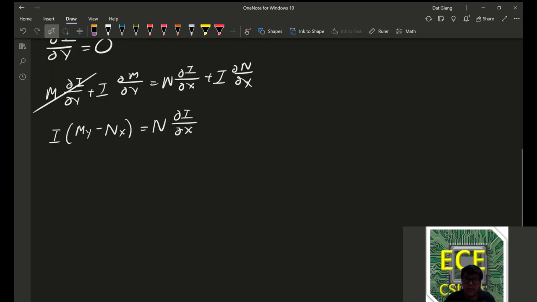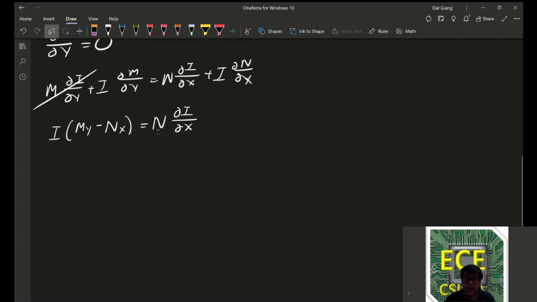Because all this is assumedly dependent on x, we could write d/dx, but we'll keep it as it is. Partial I divided by I is equal to My minus Nx divided by N, partial x.